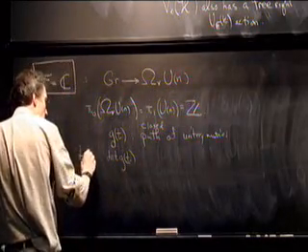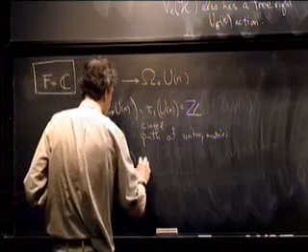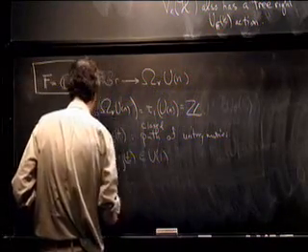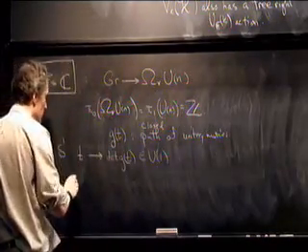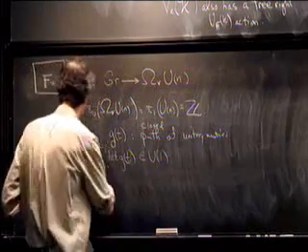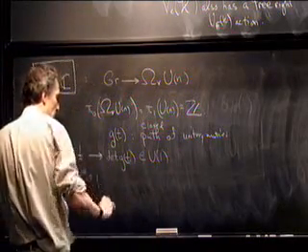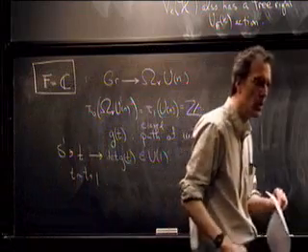So t goes to the determinant of G of t is a map of the circle, identifying t with t plus 1, into U1.